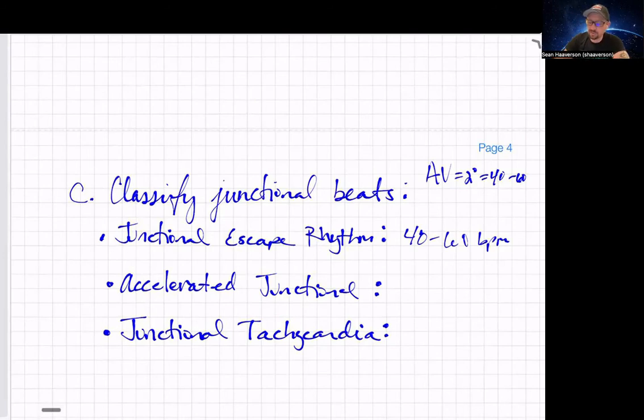So accelerated junctional is going to be a junctional rhythm, so it has the parameters of those P wave changes, but still probably a very narrow QRS, with a rate between 61 and essentially 100 beats per minute. So it's accelerated, but still not fast enough to be tachycardia. And junctional tachycardia will be beats that are above 100 beats per minute. Excellent. So the major classification of junctional beats is actually pretty straightforward.